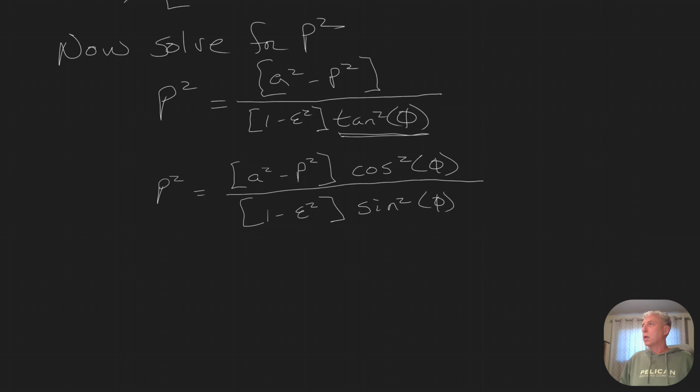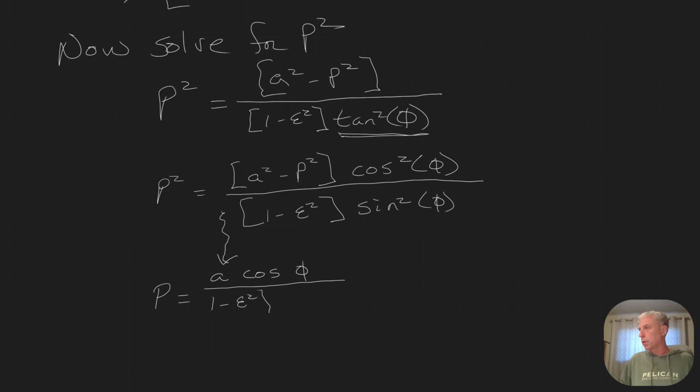And I'm just going to make a long story short here. I can go through a bunch more solving, but it's just solving with algebra. I'm not going to do that. But what you end up with is p equals a cos phi over 1 minus epsilon squared.